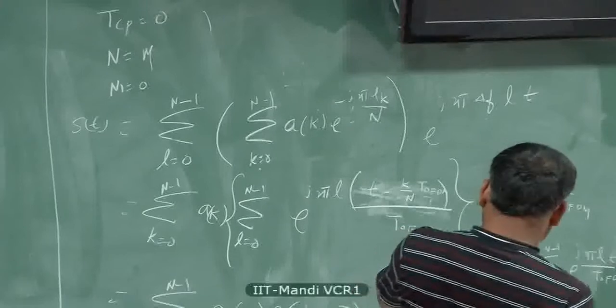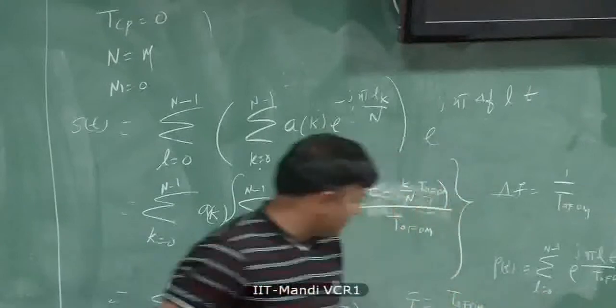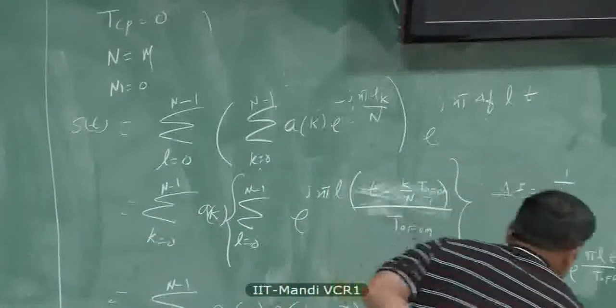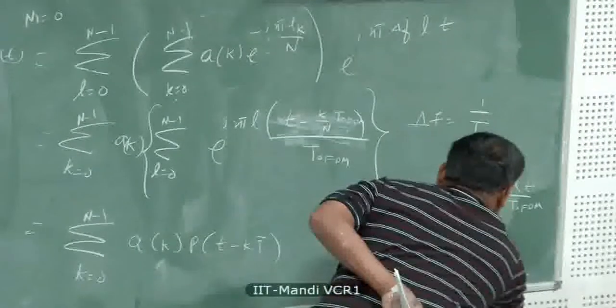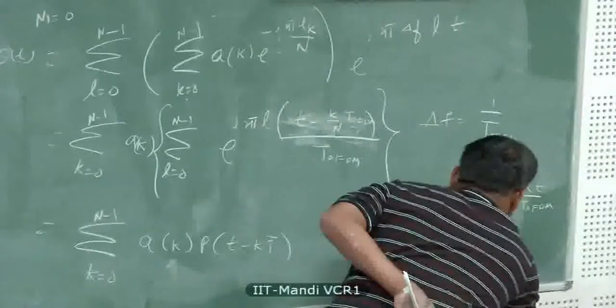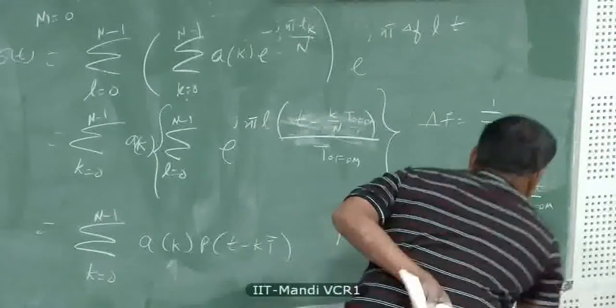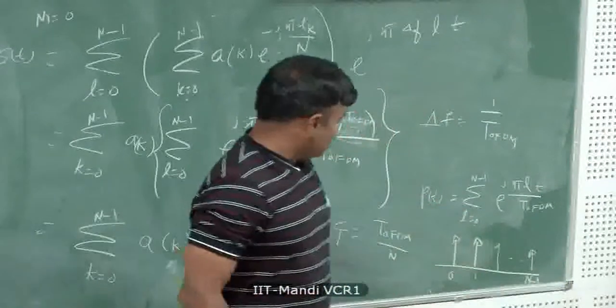Right? Now you tell me, what is this P of t? It's the IDFT of complex sinusoids L ranging from 0 to n minus 1. If I take IDFT of n points with unit amplitude, what would I get?